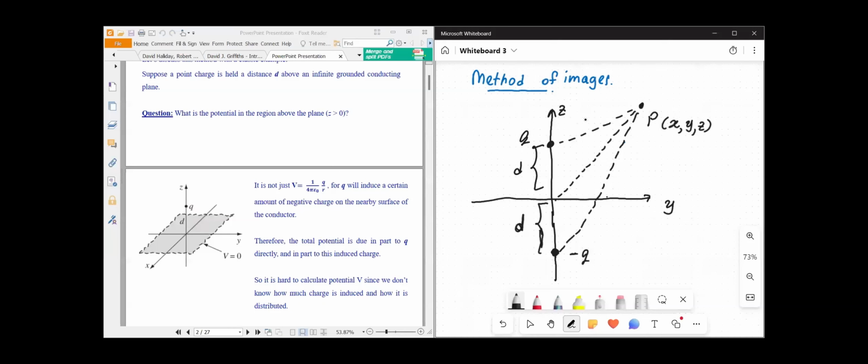So let's say the vector here is r from this point to point P. Then the vector here is r prime from this point to point P. And we have the r naught vector from the origin to point P.